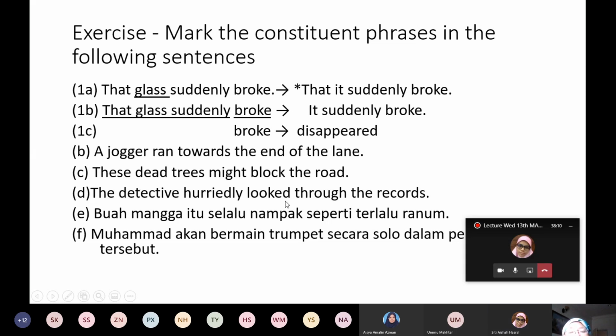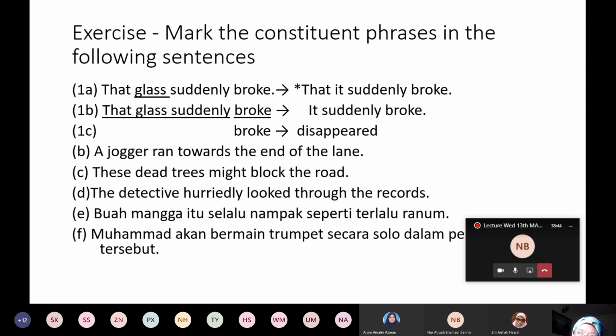Doctor, if I thought that ran towards the end of the lane is a constituent too, is it right? Ran towards the end of the lane is also a constituent. Yes. So we will find that we have a constituent which has another constituent.